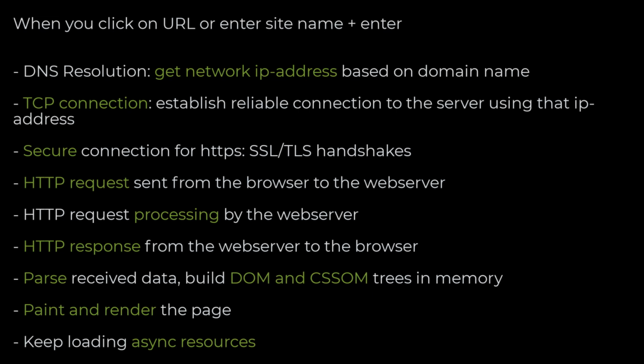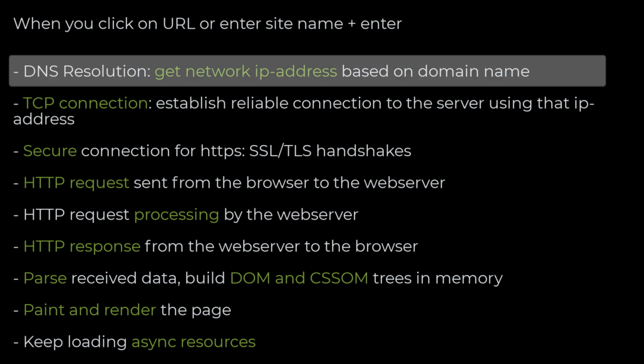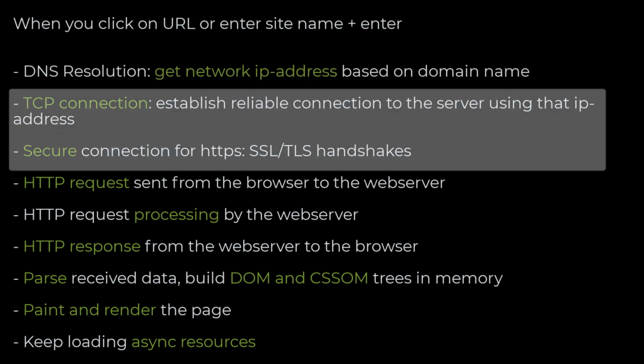So to recap everything that we've covered, these are the high-level steps that are happening behind the scenes. DNS resolution: the browser converts the domain name of the website that you entered into a network IP address by querying the domain name system, DNS. The browser receives the network IP address of the server where the website is hosted and establishes the network connection.